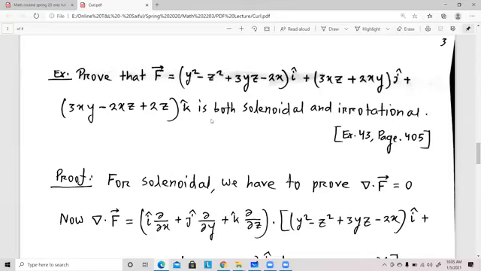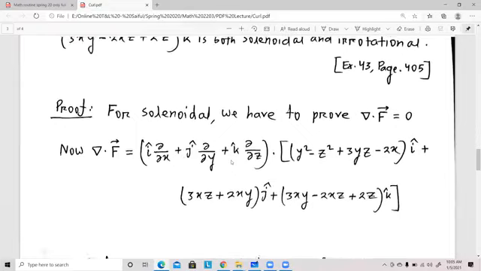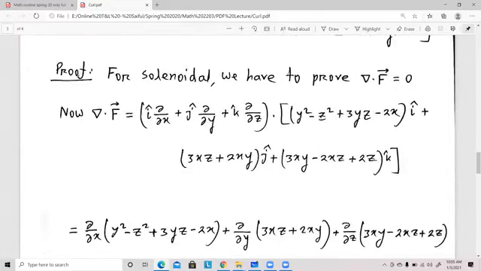So আমাদের at first solenoidal, for solenoidal we have to prove del dot f equal to 0, where del is i del by del x plus j del by del y plus k del by del z, and in the question f is given, which is this. Now if we do dot product, then the corresponding terms will be multiplied.